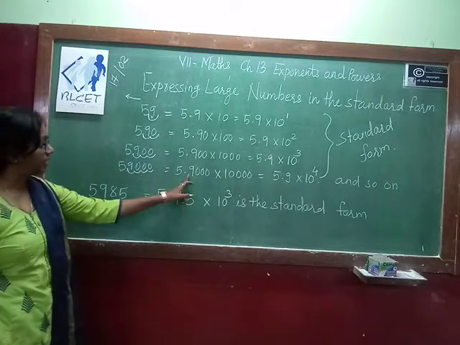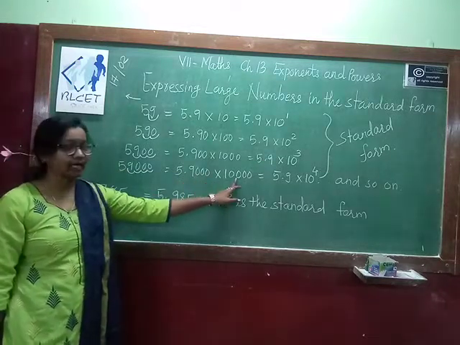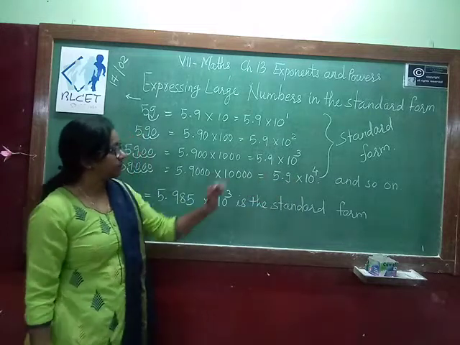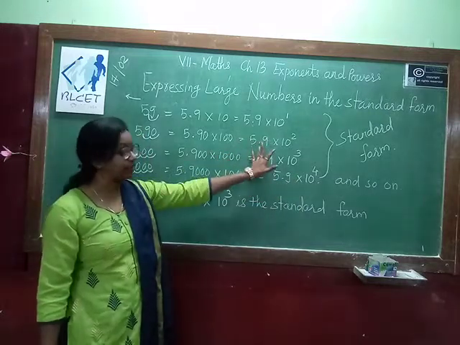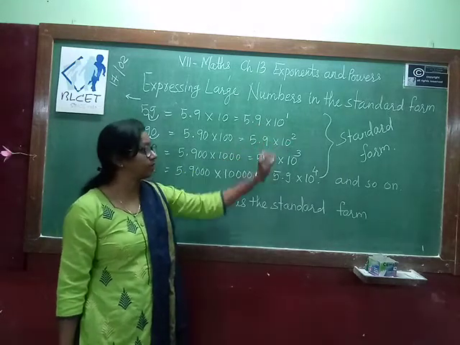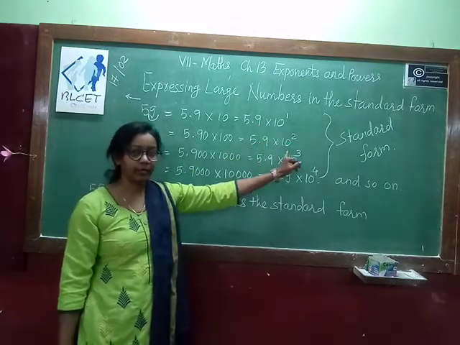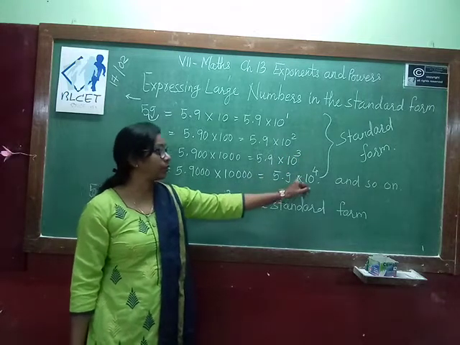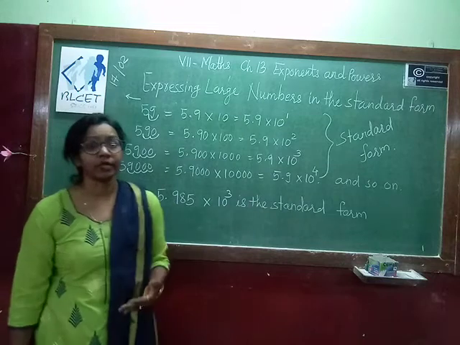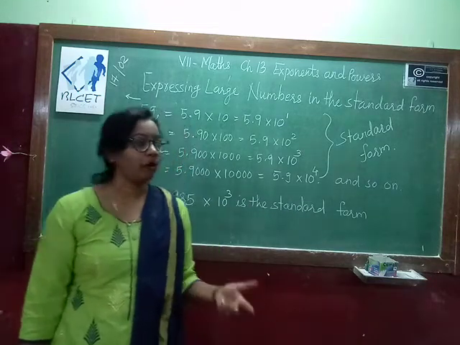So 5.9000 multiplied by 10,000. 10,000 you can write as 10 power 4. So the numbers that you express in this form, 5.9 into 10 power 1, 5.9 into 10 power 2, 5.9 into 10 power 3, and 5.9 into 10 power 4, this notation of numbers is known as standard form.